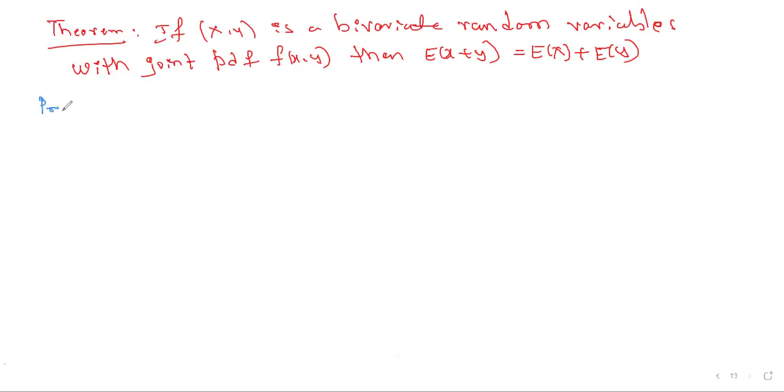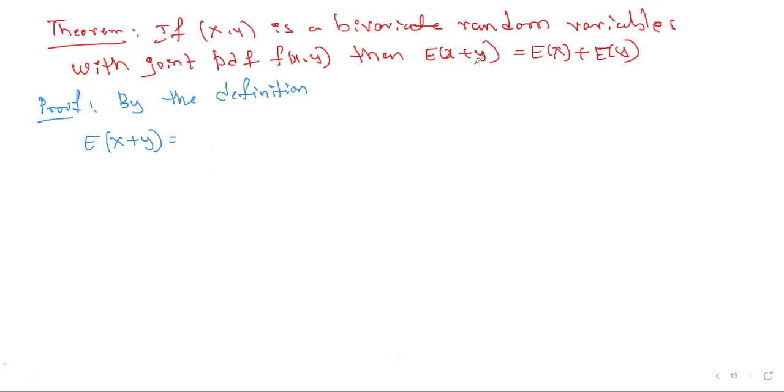So the proof. By the definition, the expected value of g of x comma y is equal to the double integration from minus infinity to infinity of g of x comma y into f of x comma y dx dy.